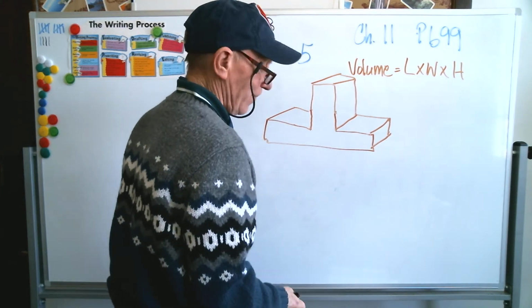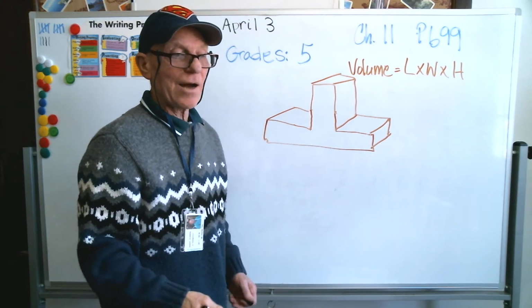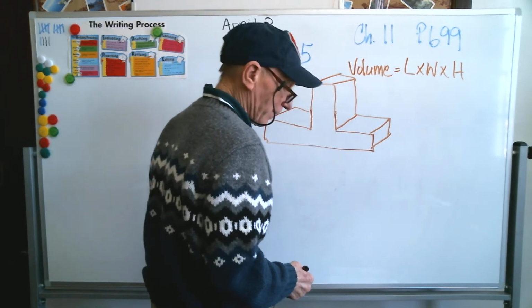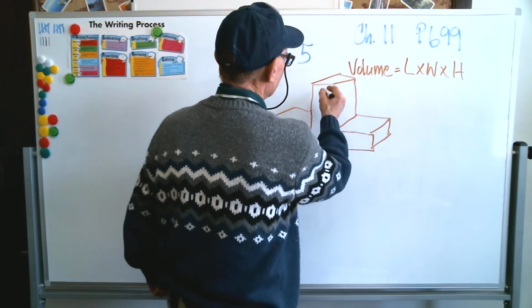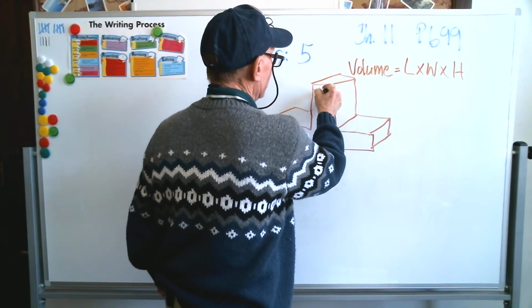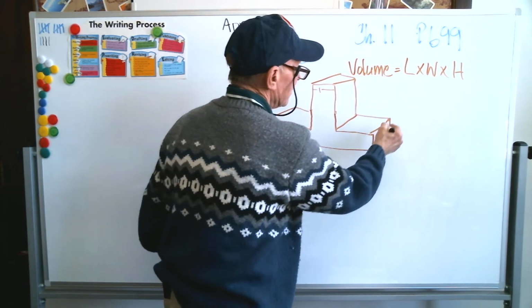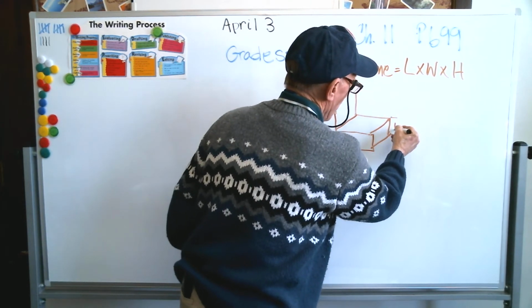There you go. It's like a big upside down T. Now let's put some dimensions on it. It's telling us that this is 1 inch. Are we in inches again? Yes. It's telling us that this is 1 inch.